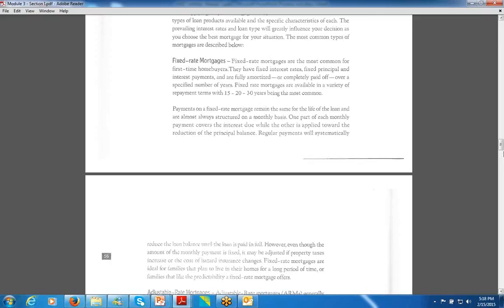What does that mean? That means that I pay my taxes and insurance every month with my payment. I don't get an annual bill once a year for $600, $800, or $1,000 for insurance, and I don't get an annual bill for a couple $1,000s for taxes. I pay 1/12 of both of those with my monthly payments.